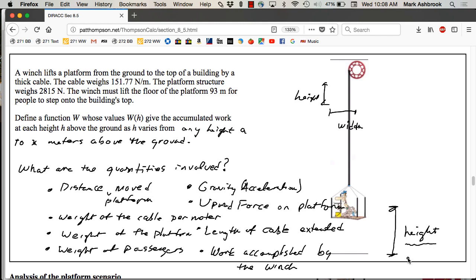That's going to be our dependent. So dependent is work accomplished, and then the independent is going to be the height of the platform. These are both changing quantities, right?